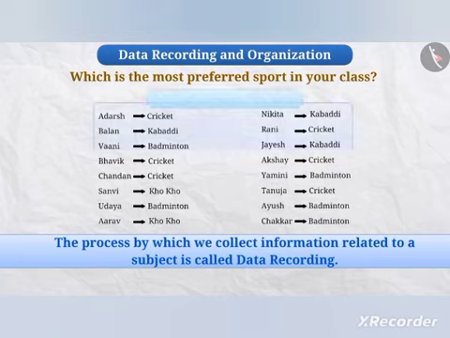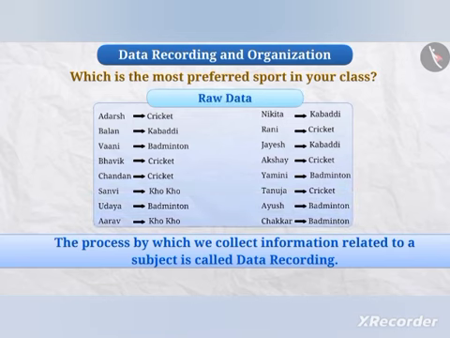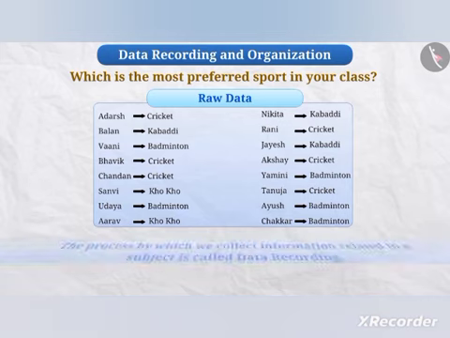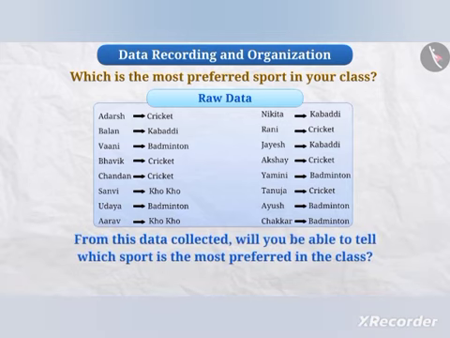From this, we get the raw data. Sometimes, it is not easy to draw any conclusion from the raw data collected. From this data collected, will you be able to tell which sport is the most preferred in the class?